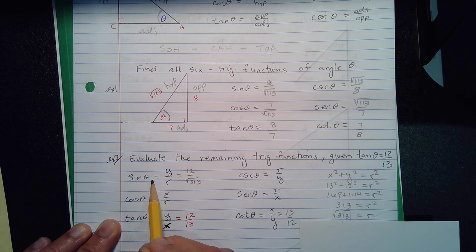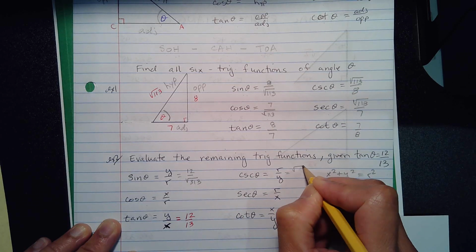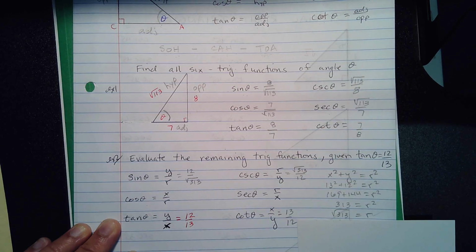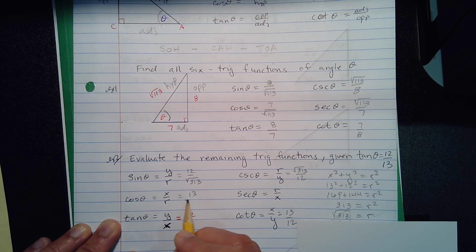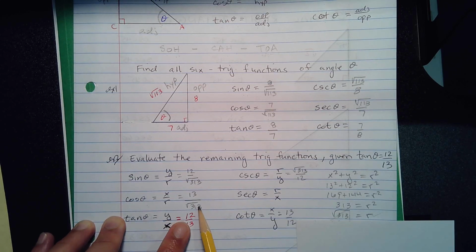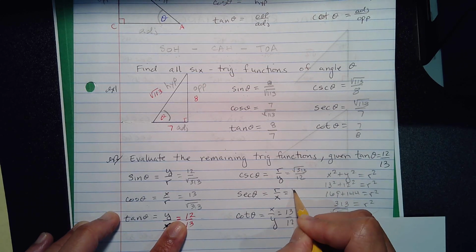Well, if sine theta is 12 over the square root of 313, then we know cosecant is the reciprocal: square root of 313 over 12. Cosine is x over r. Well, x is 13 and r is the square root of 313. Well, if cosine is 13 over the square root of 313, then secant is just the reciprocal.